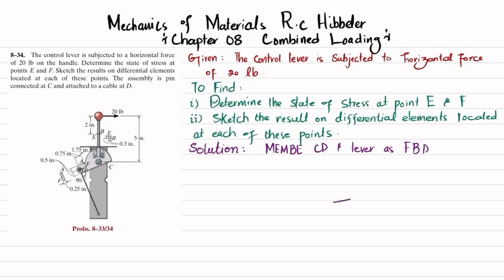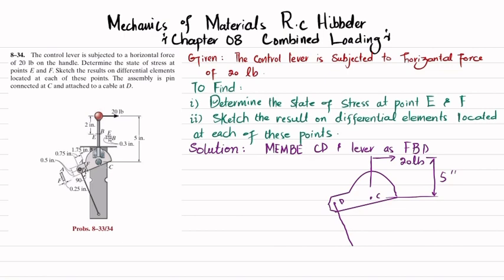So let me draw it. This is the lever where a 20-pound force is applied. The distance of this lever from point C is given as 5 inches.